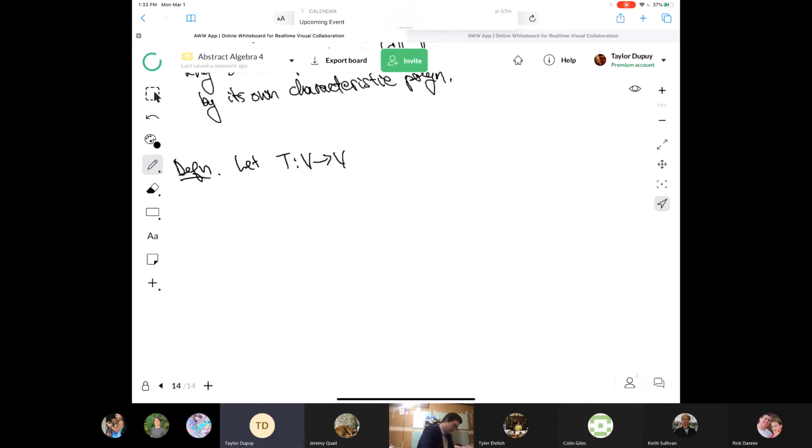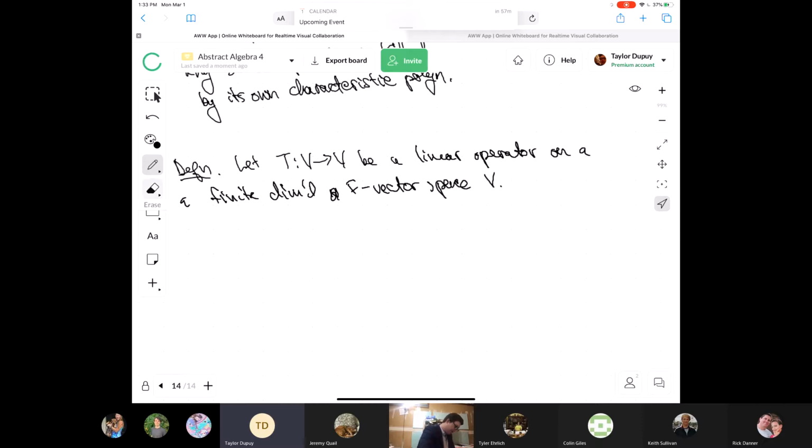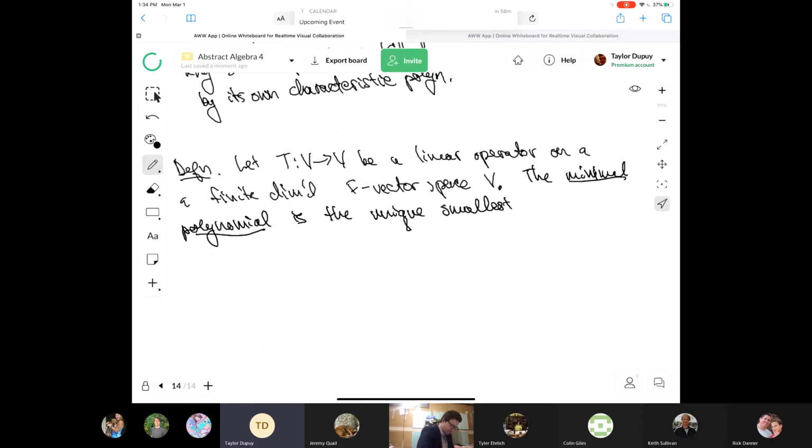Let T from V to V be a linear operator on a finite dimensional, let's say F vector space V. Okay, so the minimal polynomial is the smallest thing that annihilates T. So the minimal polynomial of T is the unique smallest polynomial.